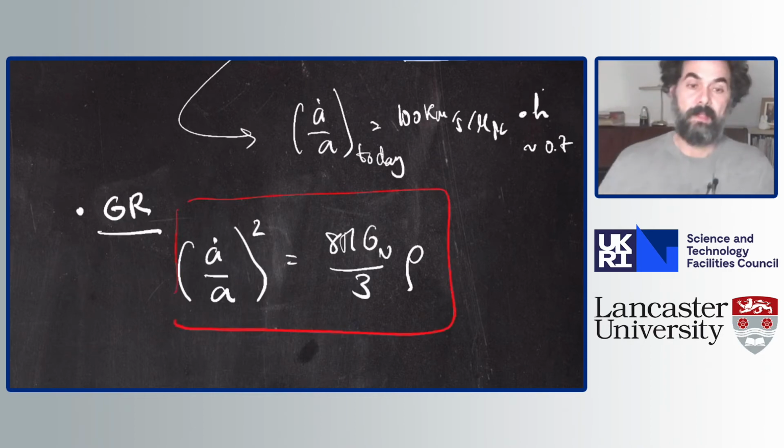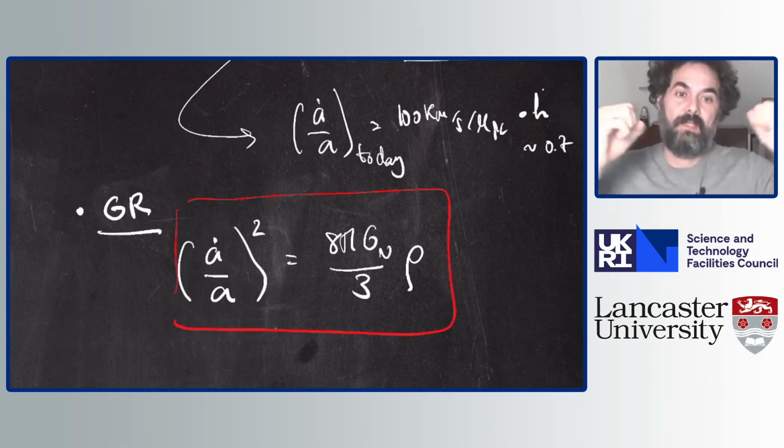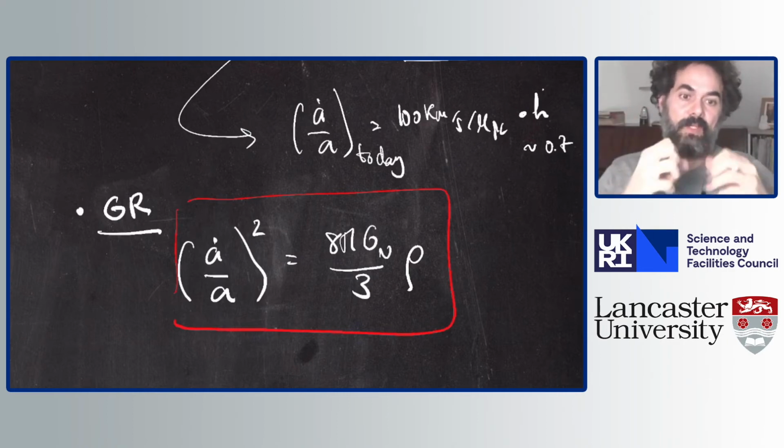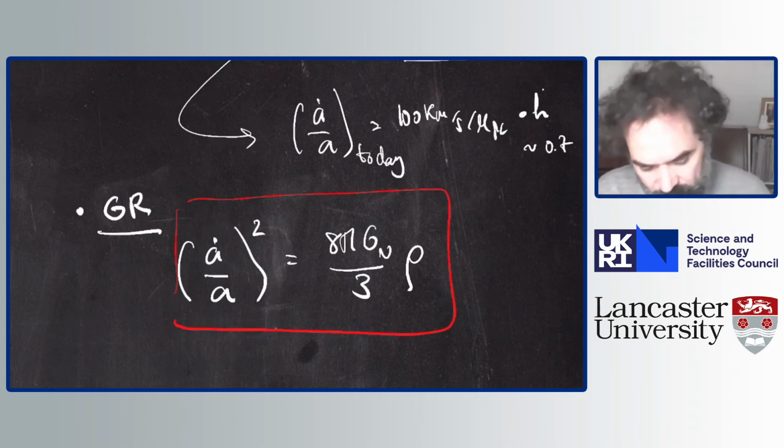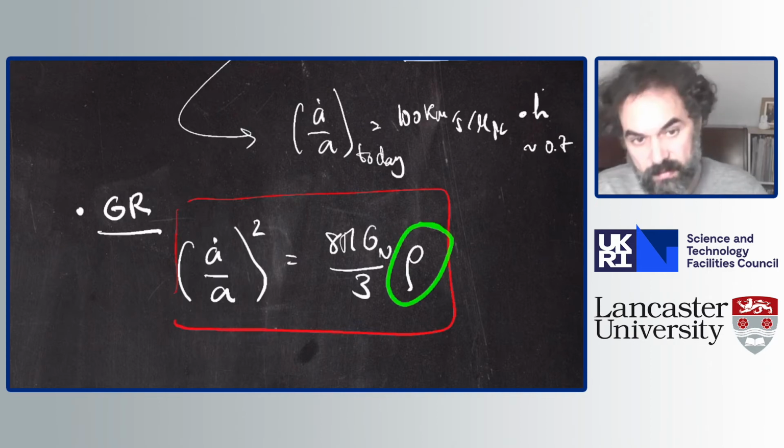Remember that gravity is sourced by energy densities, by momentum in general relativity, and that means that if you try to expand or contract, this law is going to be precisely given by the energy density that you have in place in this particular case. So here it is, energy density.